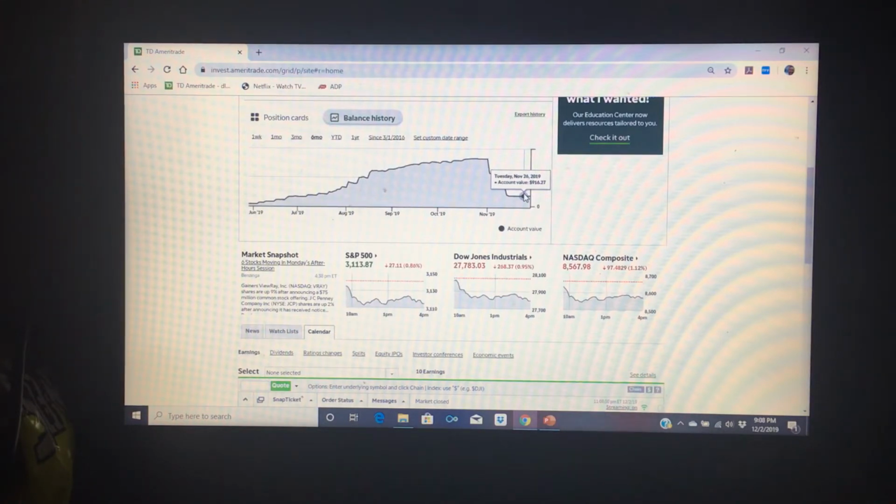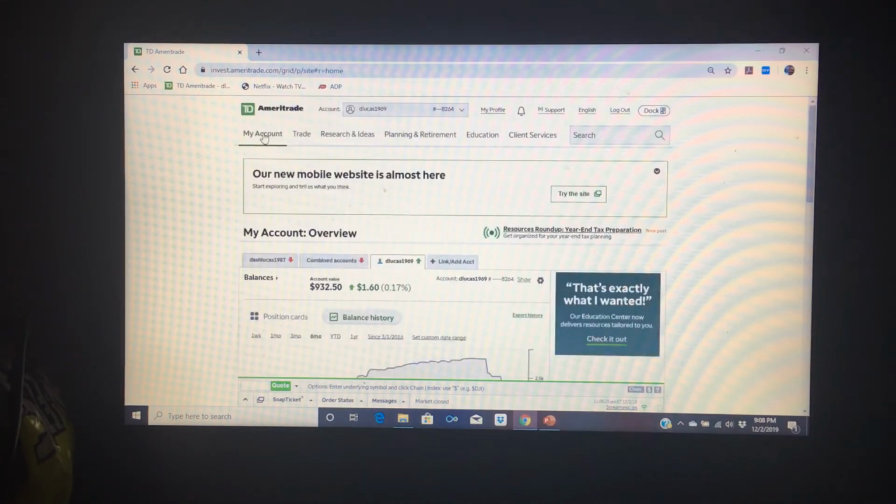I had a couple of credit cards I was paying a high interest on, and I wanted them paid off. I didn't want to mess with them anymore, so I used this like a savings account. I sold some stock. I went and paid these off. They're no longer on my bill, and now I'm going to start putting money back in each week, buying dividend stocks. That's all that I'm going to purchase.